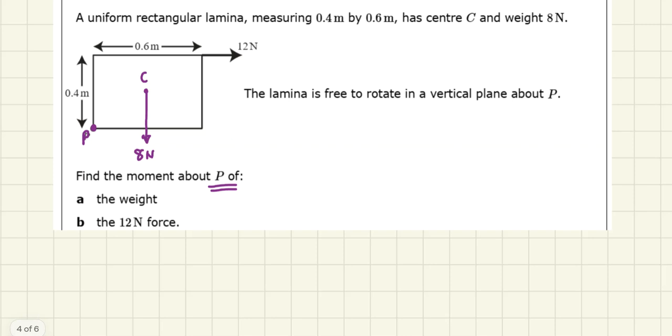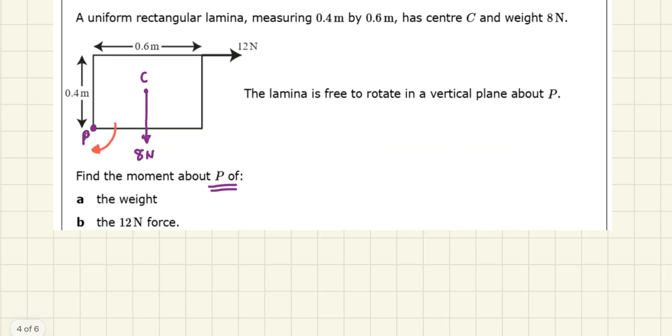So C here, this weight that acts from point C, which direction is it going? So around point P, it's going to create a clockwise moment. Now it says the lamina is free to rotate in a vertical arc, but we've got this other force being applied.